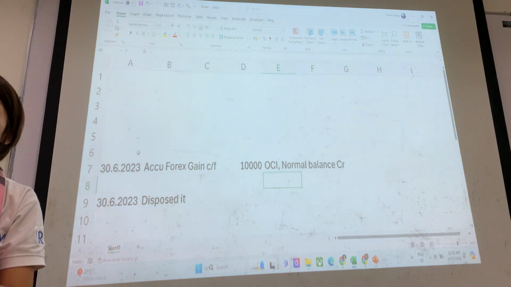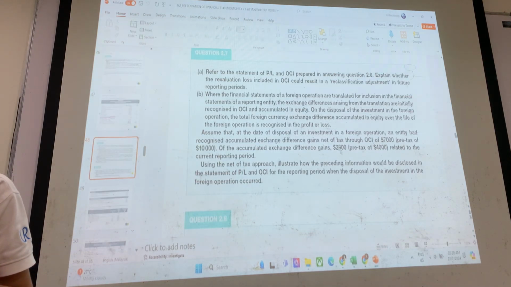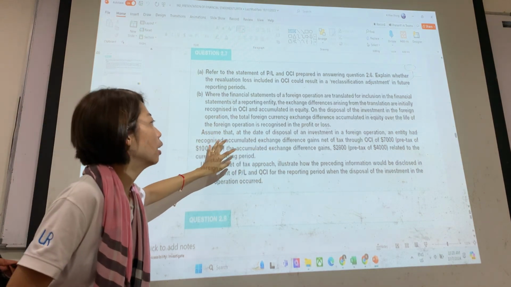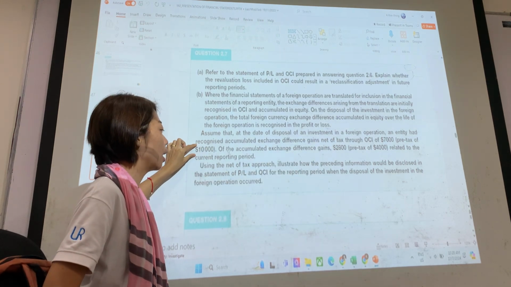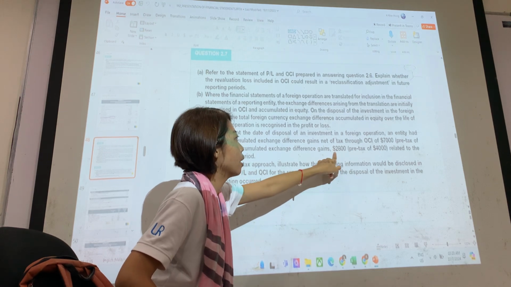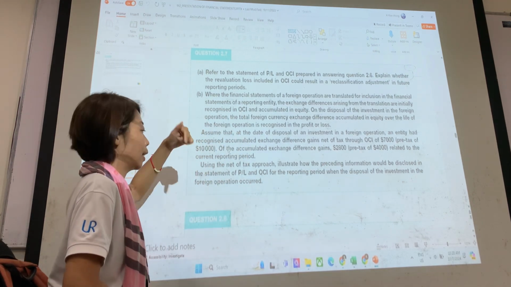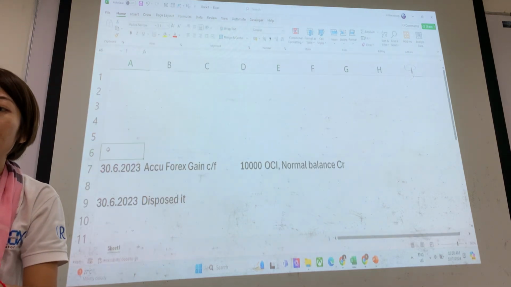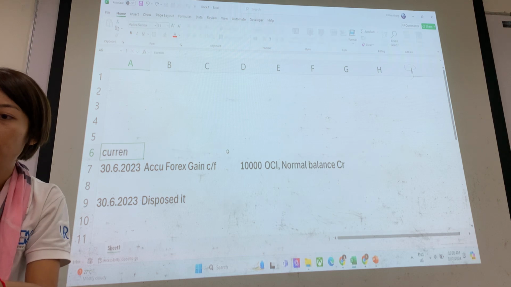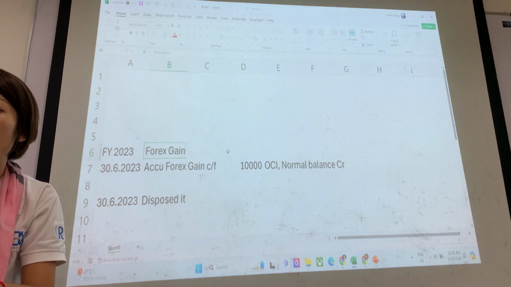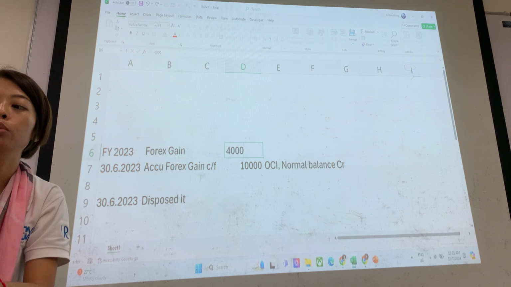Now, we mentioned in the question that of the accumulated exchange difference gains, out of the 10,000 carry down right before disposal, 4,000 gross amount, this is net of tax, 4,000 gross amount is actually the current year movement. So I know that in the current year, financial year 2023, we have a forex gain of 4,000 gross amount. This is the movement during the year.